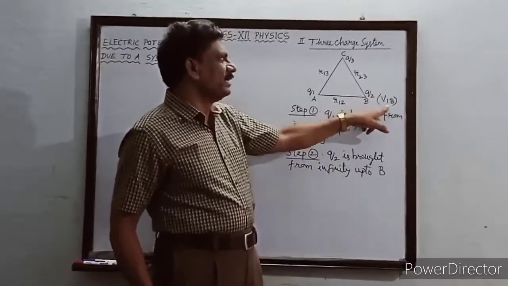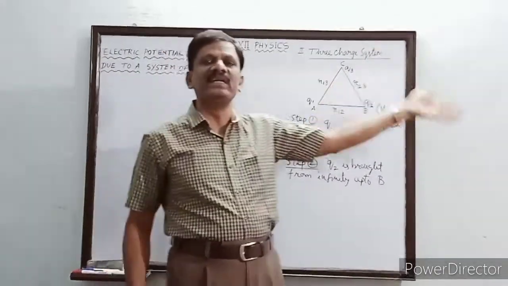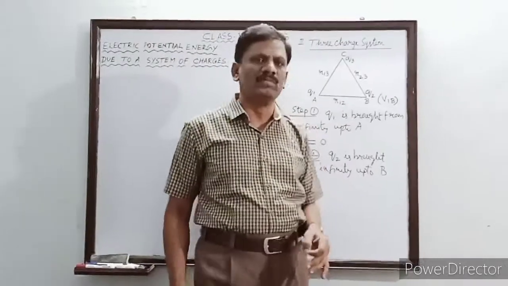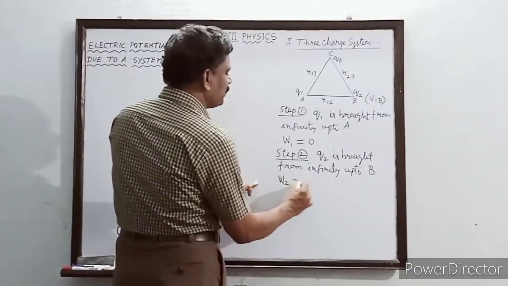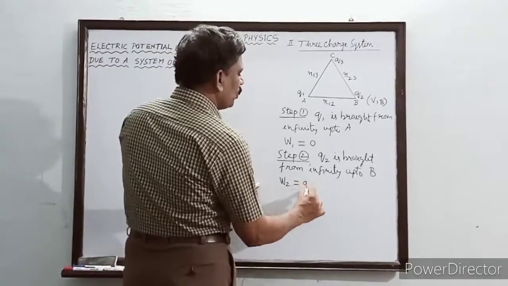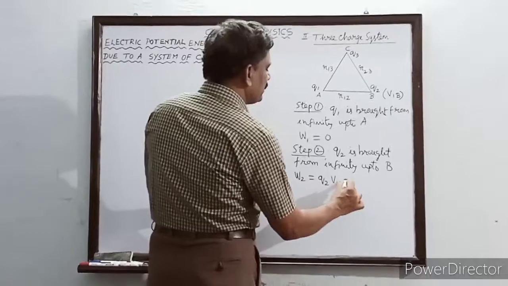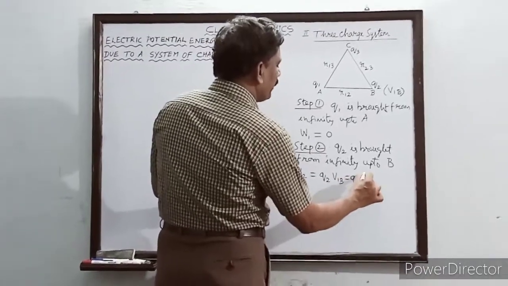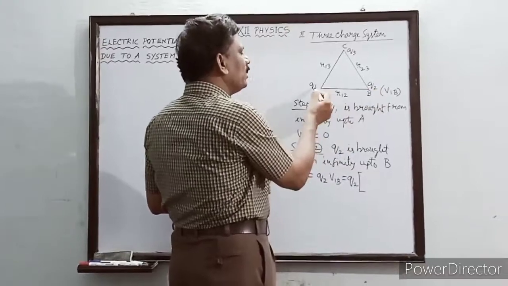Understand? But instead of a unit positive charge, the charge actually brought from infinity up to the point B is Q2 coulomb. Therefore, the work done in the second step must be equal to Q2 multiplied by V1B, the potential at the point B due to the charge Q1.